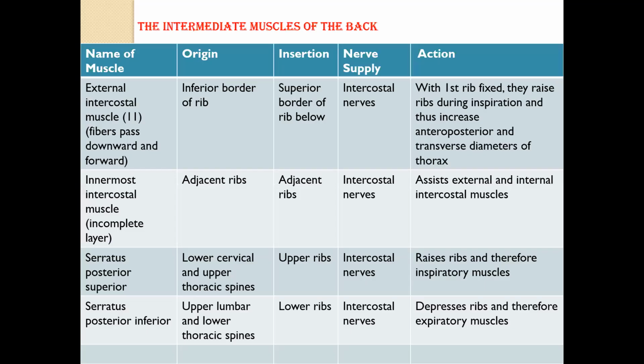This table shows you some information about those intermediate muscles of the back. You can see all those intermediate muscles are supplied by intercostal nerves, and most of them originate from the ribs and are inserted into the ribs.